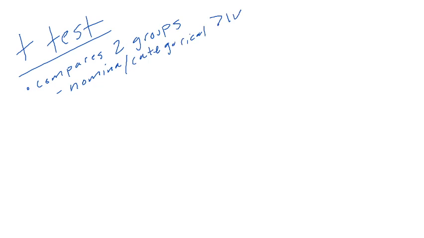We're comparing two groups, okay? So this would be our predicting variable. And then we'd have an outcome variable. We would have a continuous outcome variable or a continuous dependent variable.